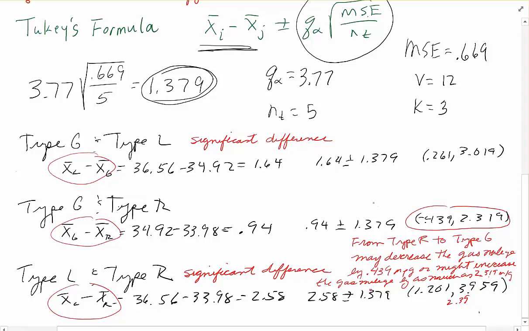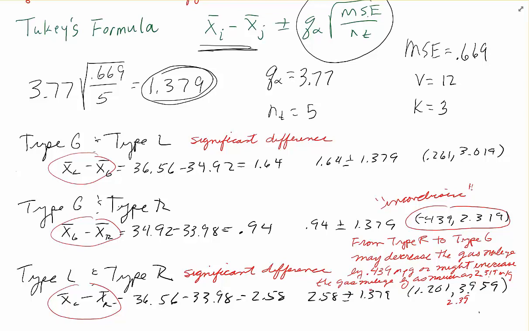So in some sense, this is inconclusive, because under 95% confidence, in going from type R to type G, I'm going to possibly decrease or possibly increase.